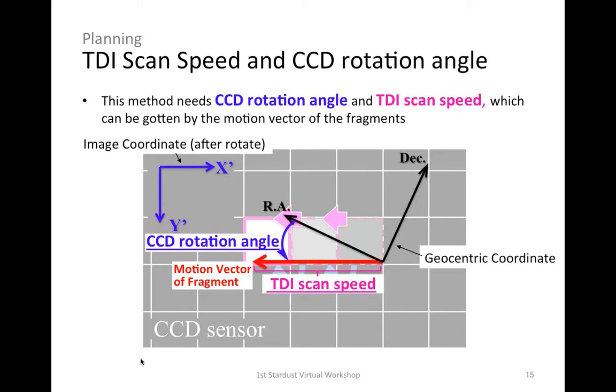The TDI scan speed, in other words the rate of charge transfer in the CCD, is set to be equal to the magnitude of the object's motion vector. If one wants to apply this method to the surveillance of breakup fragments, one needs the motion vector of the target fragments.